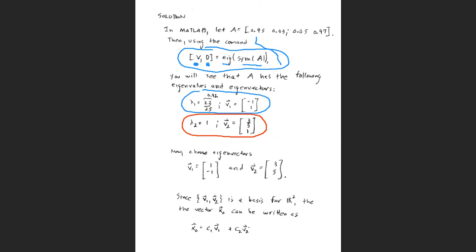Now remember, the second eigenvector, 3/5, 1, any multiple of an eigenvector is also an eigenvector. So the eigenvector with entries 3 and 5 would be an eigenvector for the eigenvalue equal to 1 as well. We generally like to use nice eigenvectors because it just makes things easier for us.